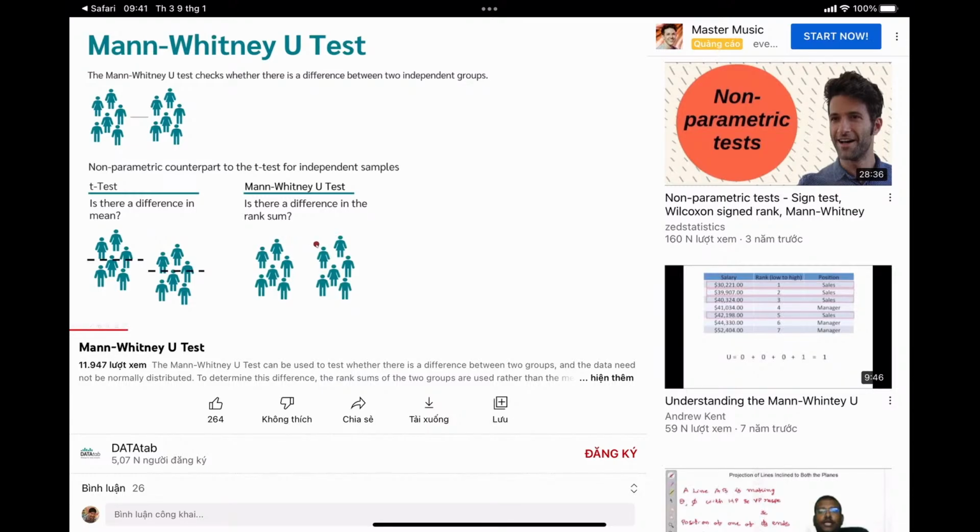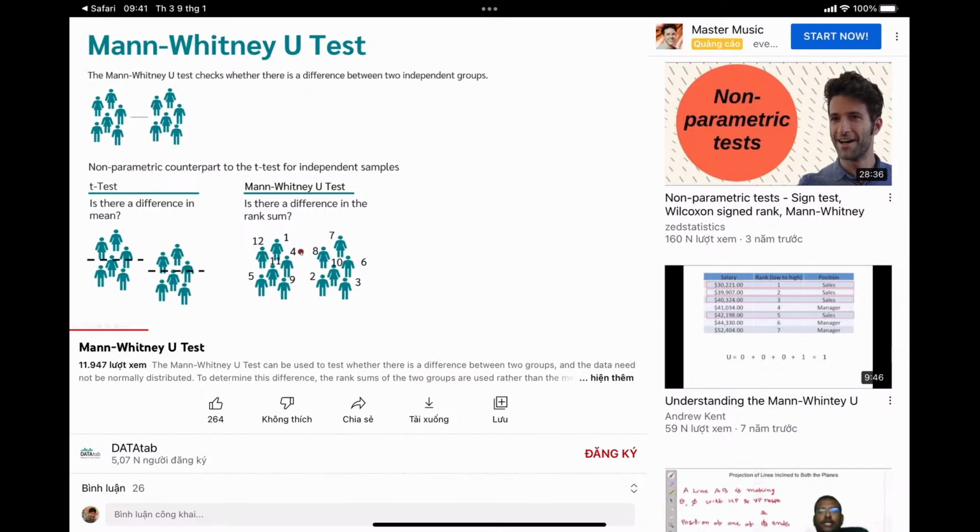How do we calculate the rank sum? In order to do this, we assign a rank to each participant in a group. So we sort all participants from the smallest to the largest value. For example, this person has the smallest value, this person the second smallest value, that person the third smallest value, this person has the fourth smallest value, and so on.